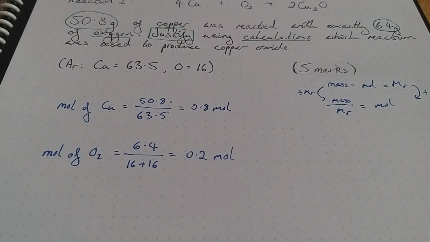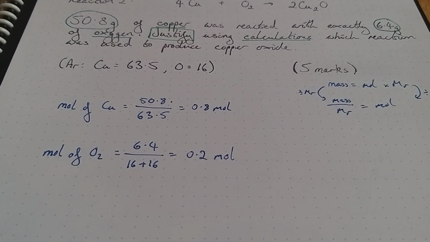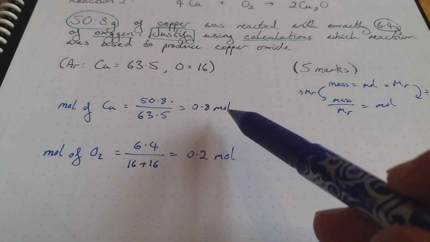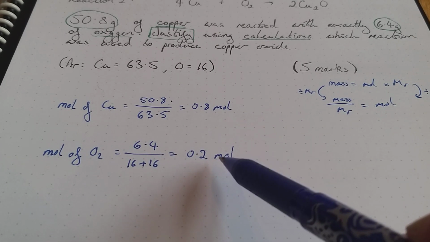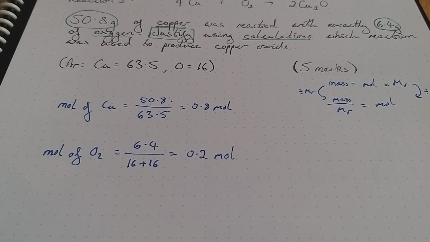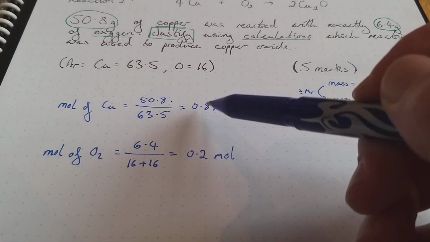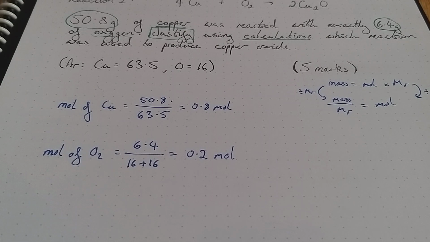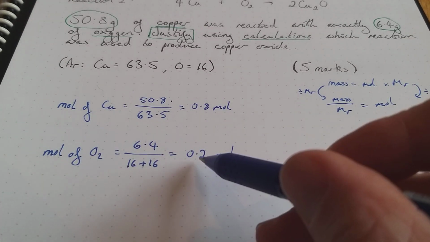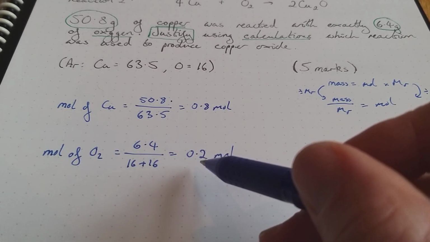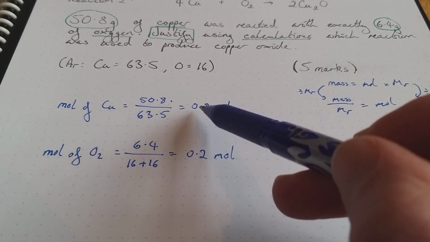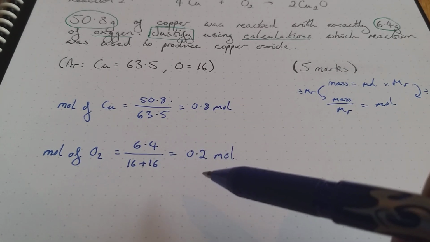So once we've got our number of moles, we need to work out what the ratio is between the copper and the oxygen and use that to work out which equation is correct. Okay, so we need to scale this ratio up to a whole number ratio. Now the simplest way to do this is to divide your smallest number by itself, and that will give you 1 mole, and then divide your bigger number by your smaller number.